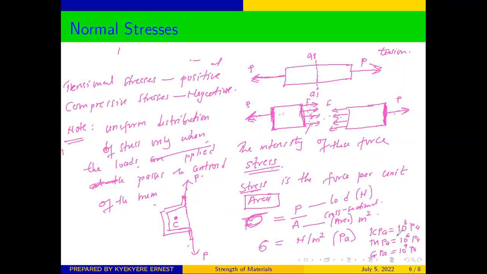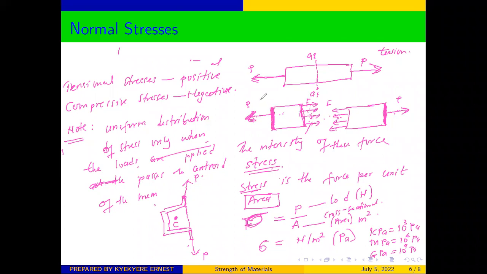And this brings us to the end of our lecture on stresses. Don't forget that stress is the force per unit area. And this stress is called the normal stress because the load is normal or perpendicular to the area.